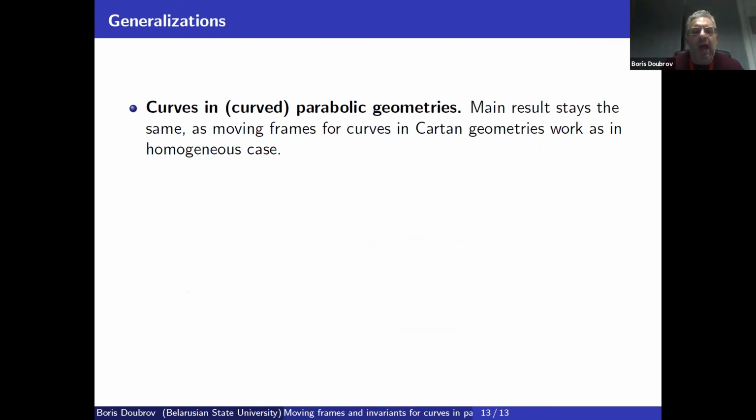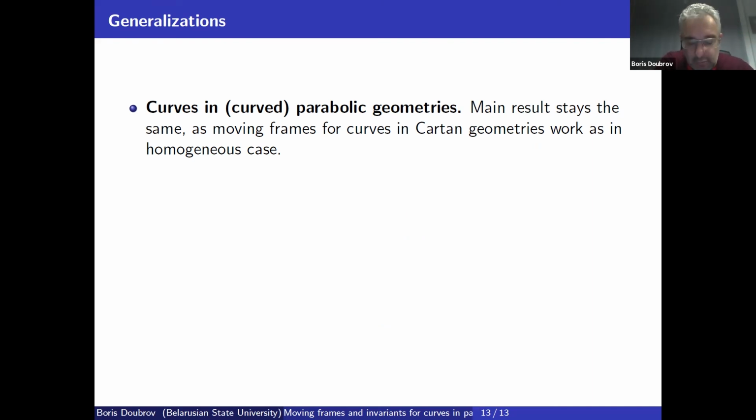Yeah, so a few generalizations and discussions, and this will be probably the last slide. So first of all, what happens if we are in a curved parabolic geometry, not in a flat one? If you go back to the proofs of our moving frame construction, you'll see that there are no conditions at all on what equations omega should satisfy.